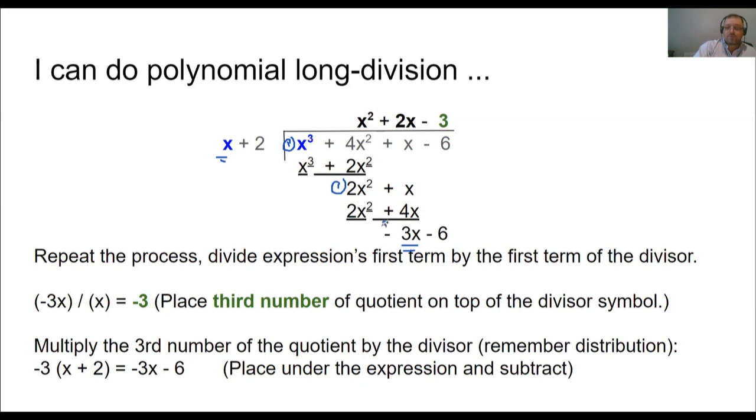And now this is my first term. All I'm doing is slowly working my way down. So I take the negative 3x, divide by x, get negative 3, and then I put that negative 3 right up here. And then I multiply it back out, negative 3 times x, negative 3 times 2, it's negative 3x minus 6. Let's see what that does for me.